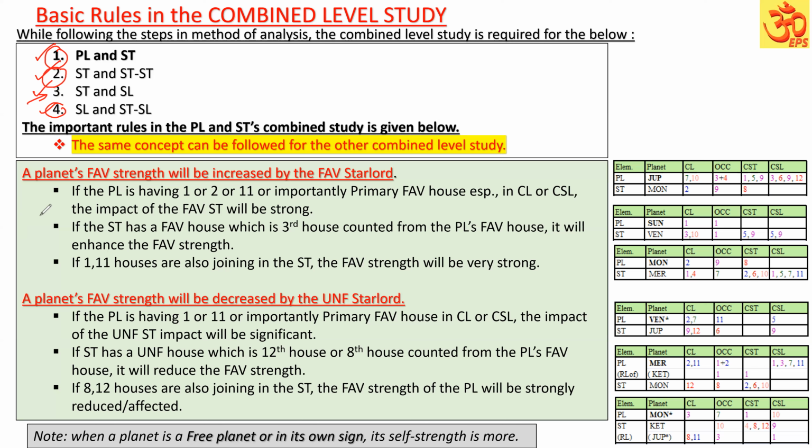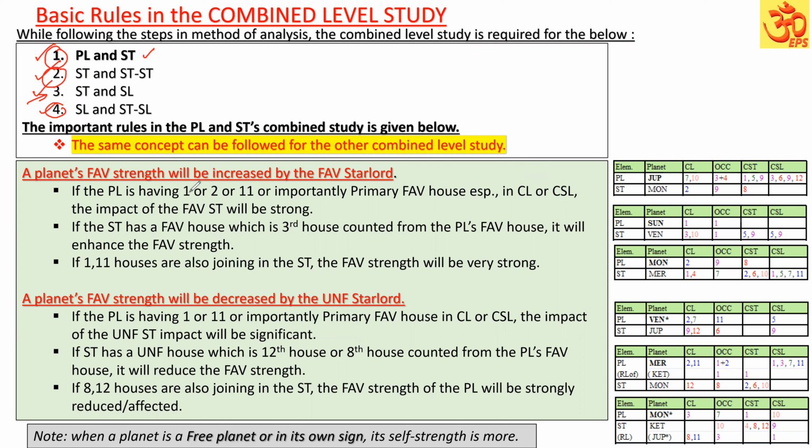In this part, I will be explaining now the important rules in the planet and star lords combined study. The same concept can be applied for all other combined level studies. I hope you have understood. First, let us take a planet having favorable strength. It means a planet is a favorable planet.